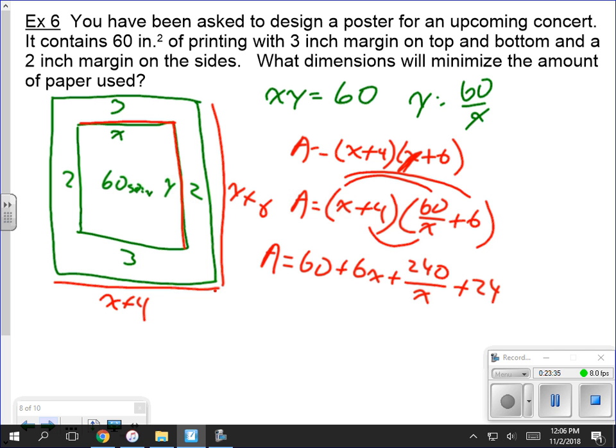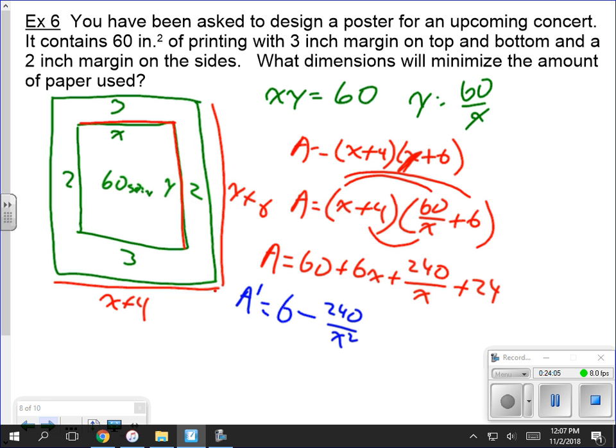So if I take the derivative, A prime, the derivative of 60 is 0. So I get 6 minus 240 over x squared. The derivative of 24 is 0. So that's why I don't care about combining 60 and 24 into one term, because the derivative of each of them individually is 0, as would adding them together would give me 0.